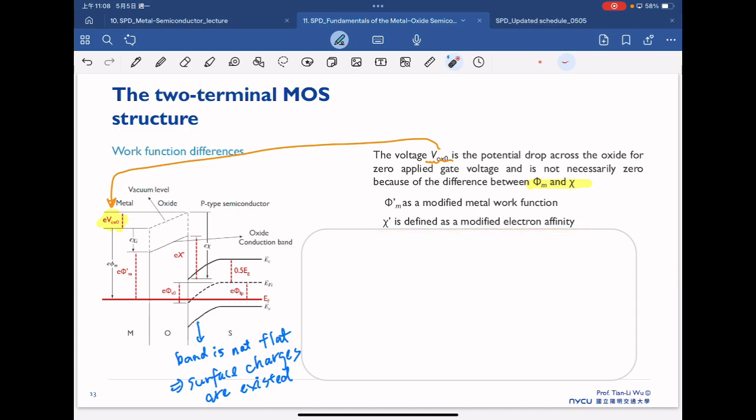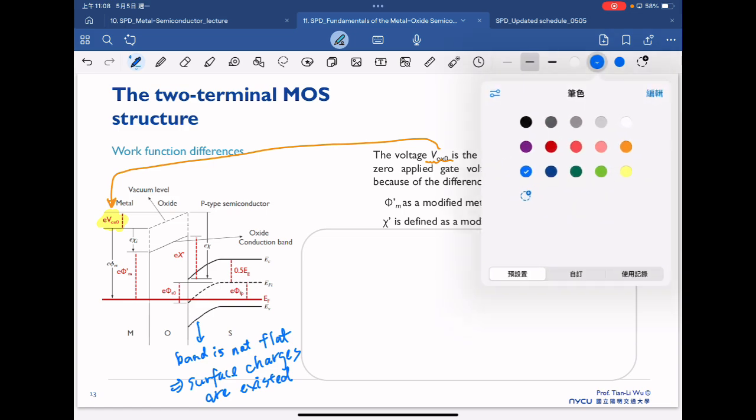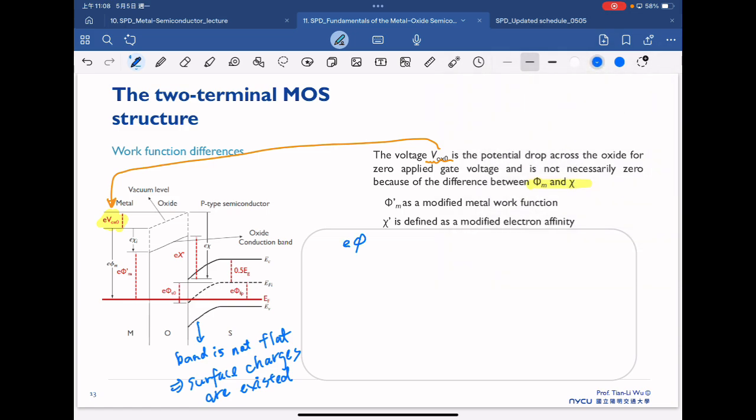With considering this and this, we can have the following calculation where E phi n plus E VOX0, this plus this, is equal to E electron affinity plus EG over 2 minus E phi S0 plus E phi FP.